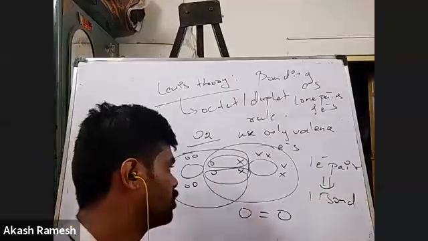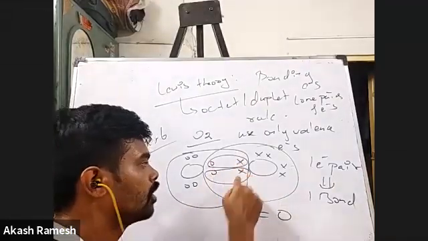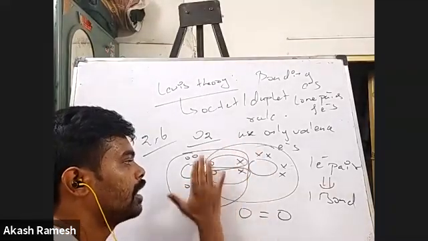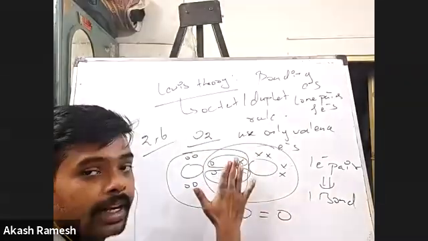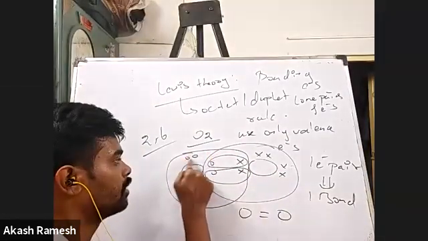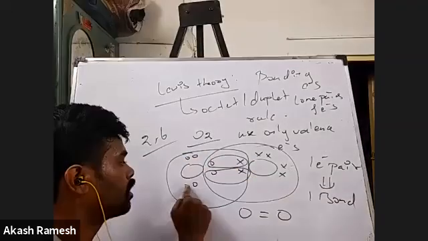If I look at this picture here, you see that these two electrons and these two electrons are actually involved in bonding. So these electrons I'm going to call bonding electrons. But if you look at these two oxygen atoms, for this oxygen atom there are 4 more electrons which are not involved in bonding: 1, 2, 3, 4.